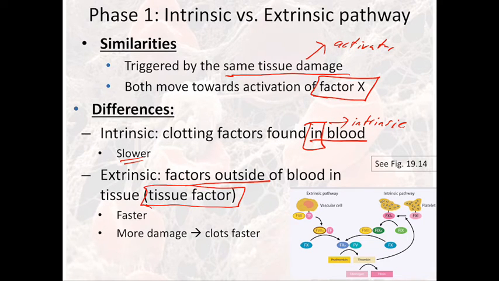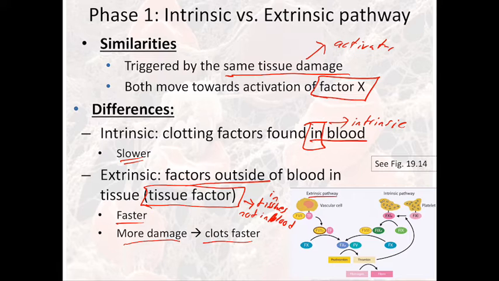It's called tissue factor because it's only found in tissues, not in the blood. So this one's a lot faster. The more damage that you have, the more tissue factor is exposed to the blood, and that makes the clot happen faster.